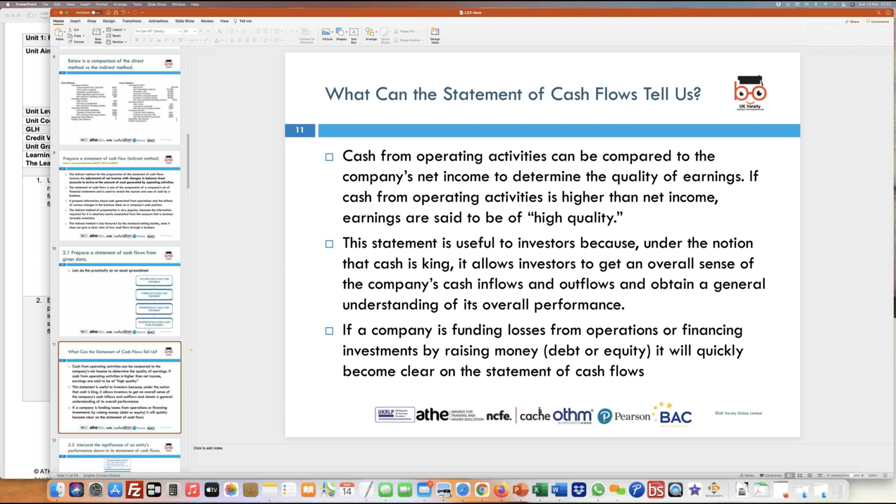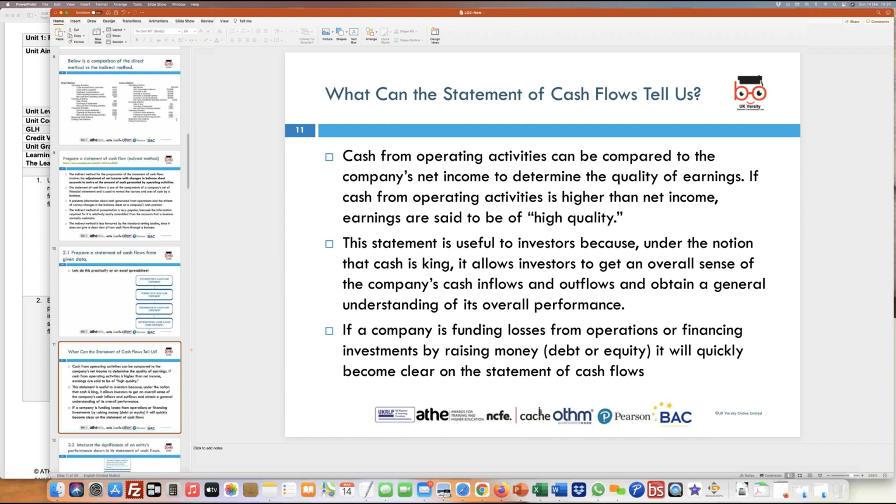This allows the company to keep increasing income and keeping expenses lower, and that reflects the quality of profits or earnings the company is making, which is the most important indicator we get when we look at cash flow statements.